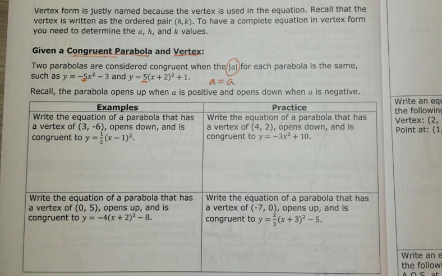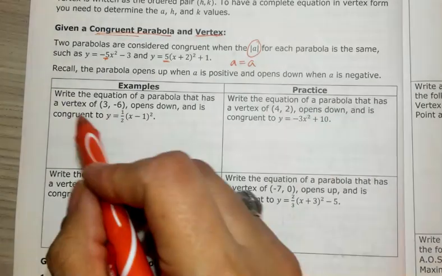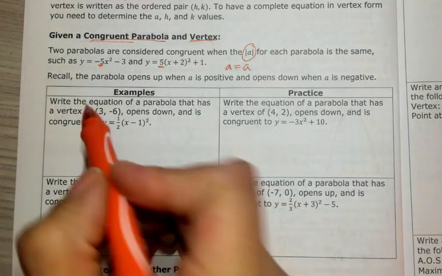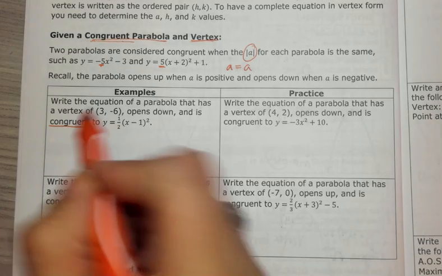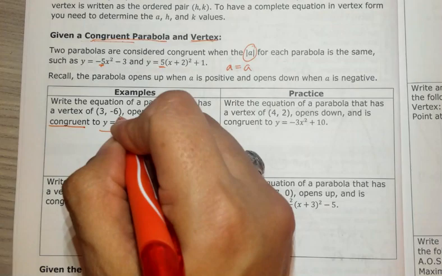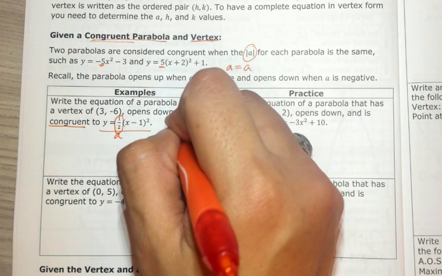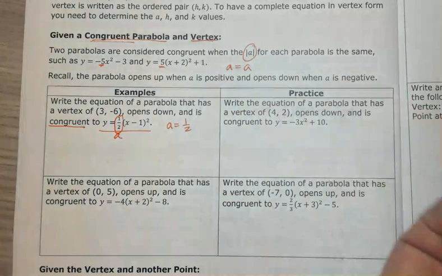That way they're not too wide or too narrow. So read carefully, and if they want a congruent equation to this, you need to recognize that the A value is 1/2. They need you to write an equation that has an A value of 1/2.